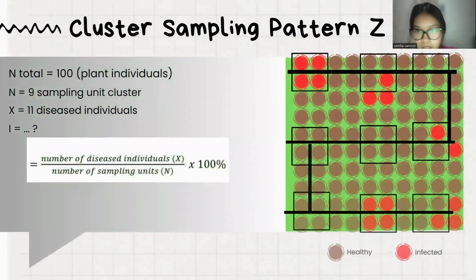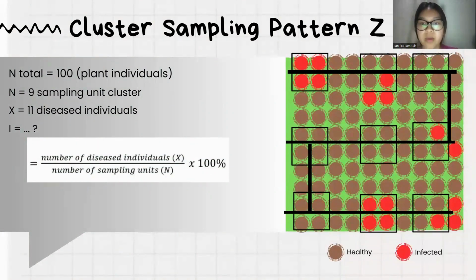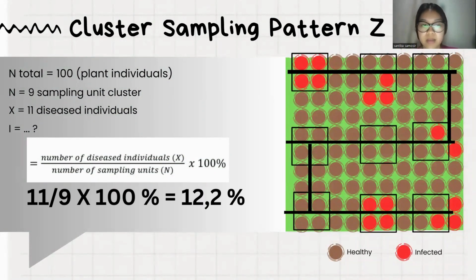Besides cluster sampling pattern X, we can also use pattern Z. We made a Z-shaped pattern. In this example, we have 9 sampling unit clusters, where every cluster consists of 4 plant individuals.